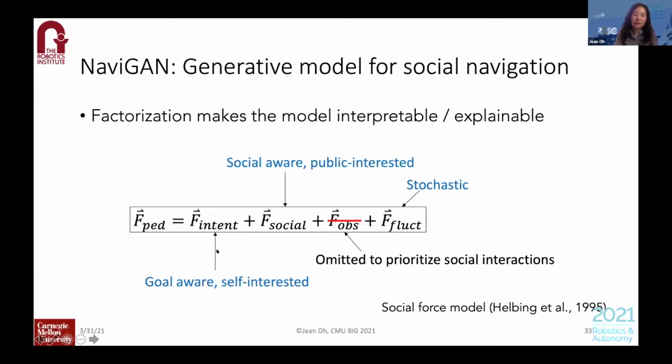The good thing about this representation is, because of this factorization, it's easier to explain, because we can generate what-if behaviors. So if we didn't have the social term, how would the robot have behaved? So there is a reason why the robot chose this path, for instance, because of this social force, to be more safe.